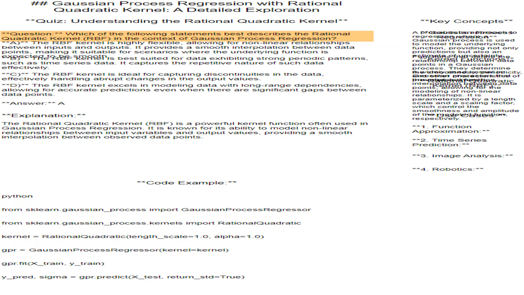Which of the following statements best describes the rational quadratic kernel RBF in the context of Gaussian process regression? The RBF kernel is highly flexible, allowing for nonlinear relationships between inputs and outputs. It provides a smooth interpolation between data points, making it suitable for scenarios where the underlying function is expected to be smooth.